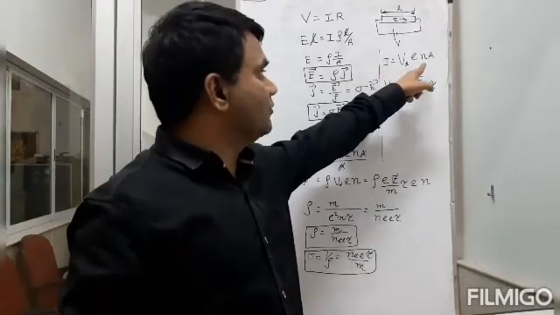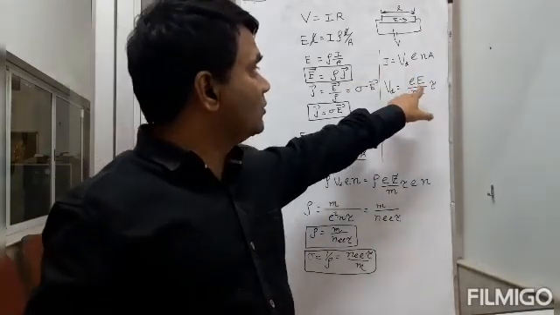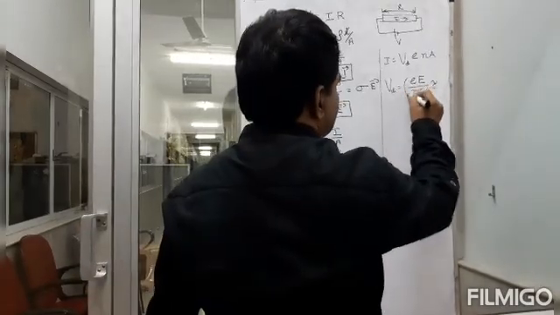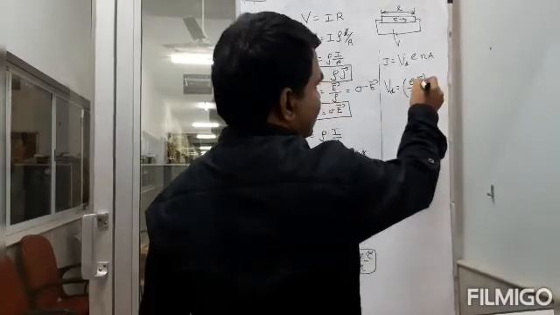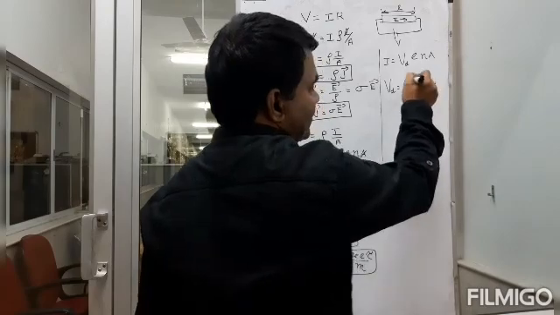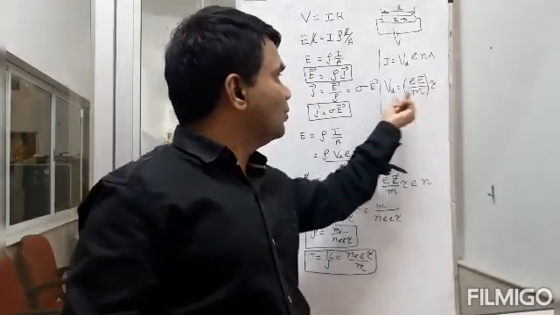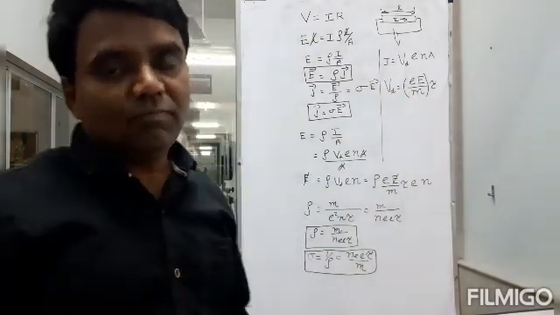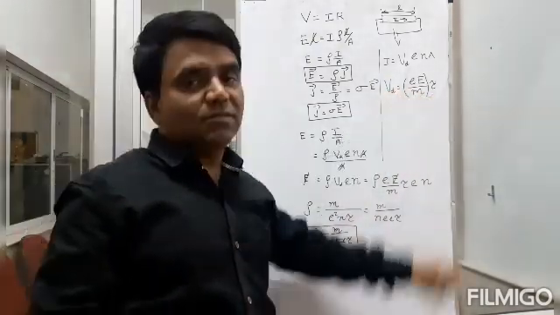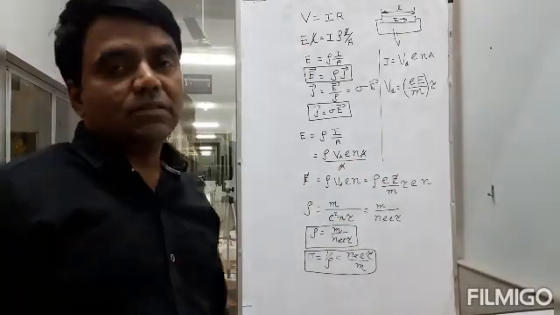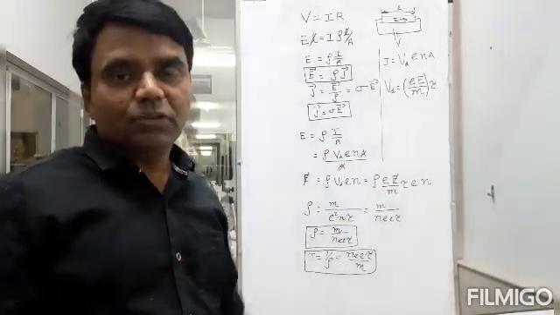And I is equal to n e v_d A, and v_d is equal to eE by m into tau. So this is the acceleration, simply the acceleration. Remember, eE is a force, and eE divided by mass gives you the acceleration, into time gives you the speed. Uniform acceleration over that relaxation time. So you get this relation. Hope it's clear to you.